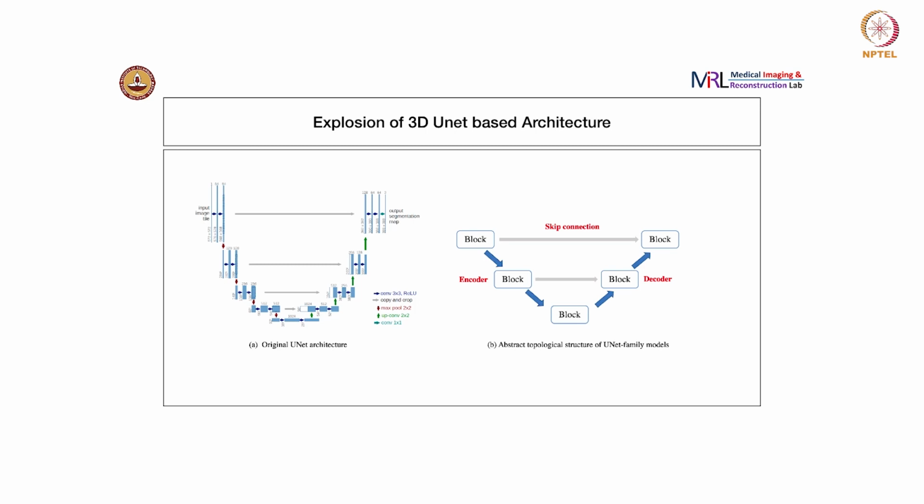I haven't shown you the 3D UNet based, but typically, this is one input channel here. There could be multiple input channels, not necessarily one input channel. That's where the 3D comes from. We'll look at that later. But the general idea is you have these UNet families, right? There are skip connections, always between an encoder block and a decoder block.